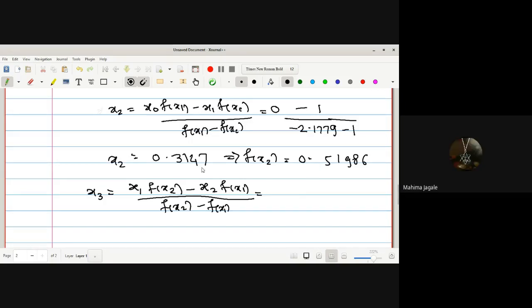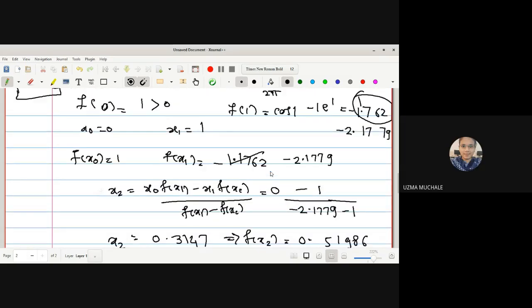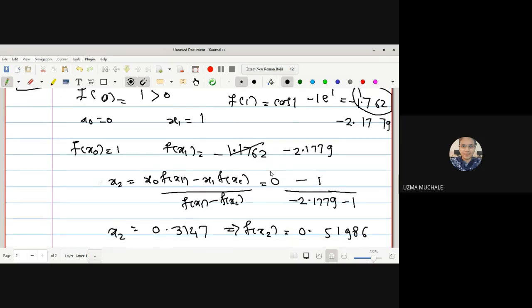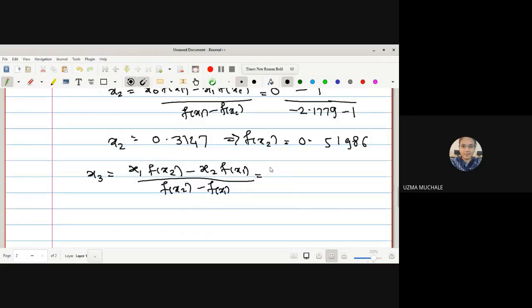Yes, ma'am. Okay. Now let us put in all these values. What is x1? We have calculated, x1 is 1. Okay, 1 into f of x2, that is 0.519, minus the value of x2, which is 0.314, into f of x1.